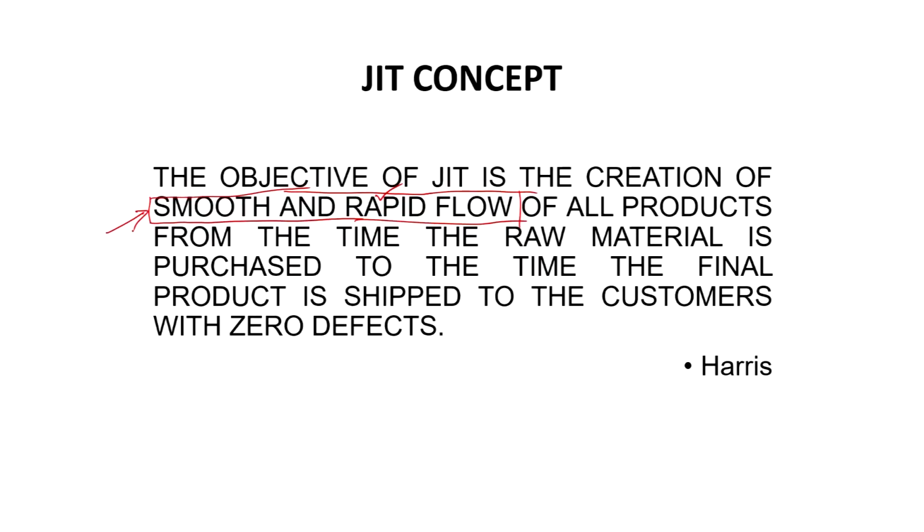There should not be any maintenance problem, any quality problem, any worker or training related problems or any such issue. Material flow should also be very smooth. The input components and parts which are required should be readily available. So all these things are required to create a smooth and rapid flow of the products from the beginning till the end. Let us see one more definition.